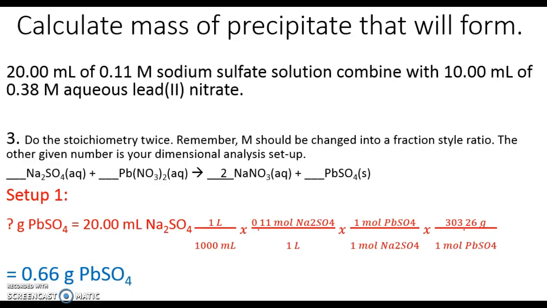I have how many grams of lead 2 sulfate would be equal to the 20 milliliters of sodium sulfate that I've measured out. So first fraction is the conversion from milliliters to liters.